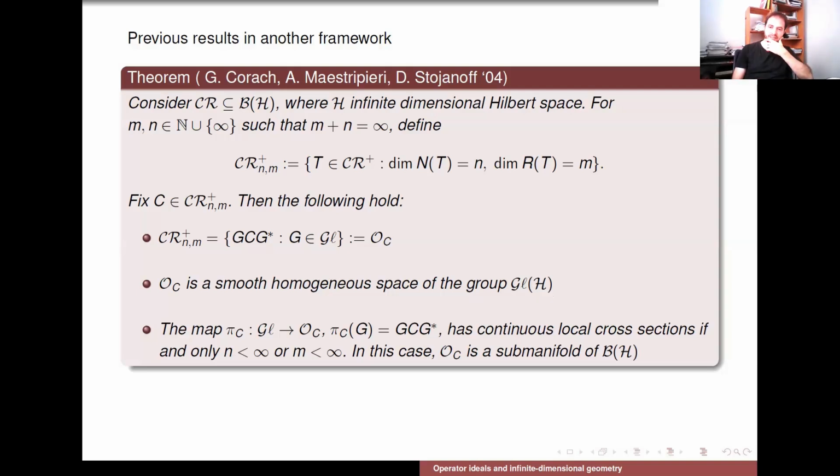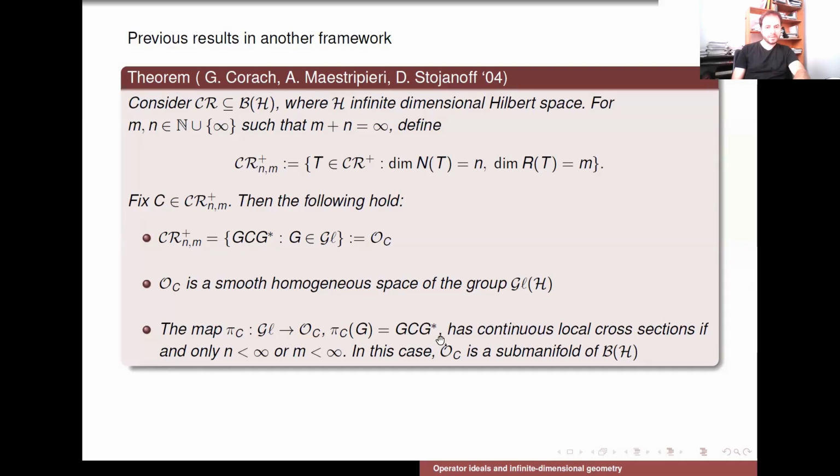This means that they can prove that the isotropy group is again a Lie group in the uniform topology, and its Lie algebra is closed and complemented in the Lie algebra of the invertible group. And then they studied the submanifold structure of these orbits. So they studied the induced map by the congruence action.